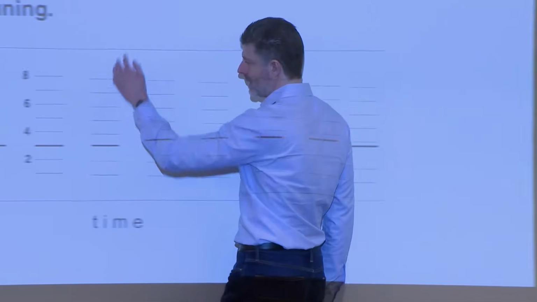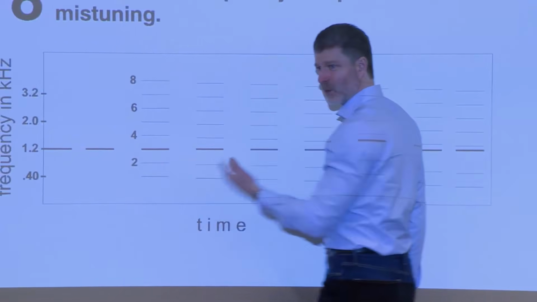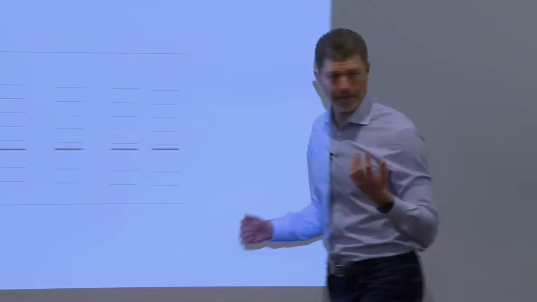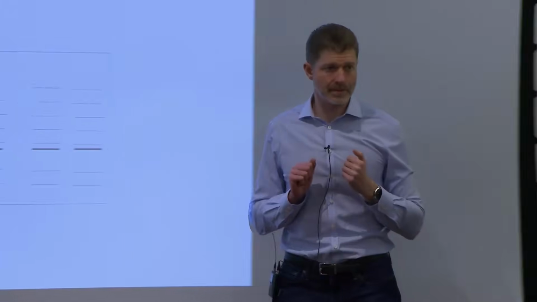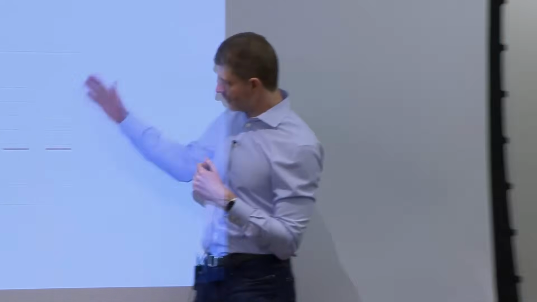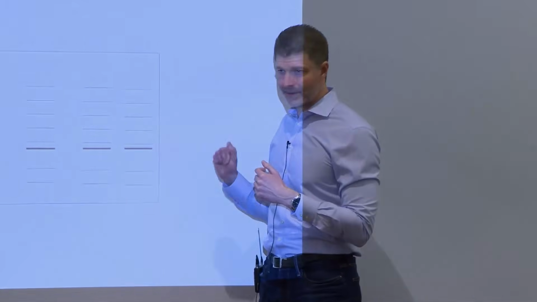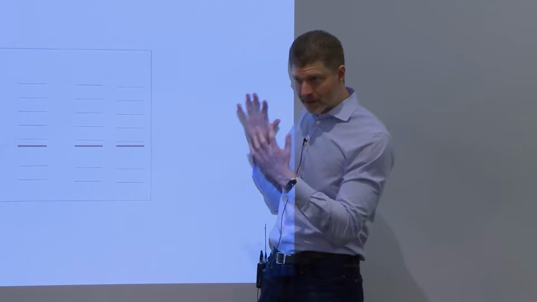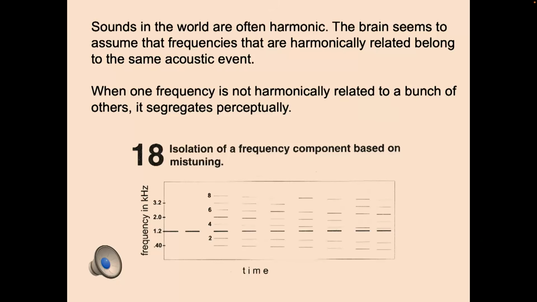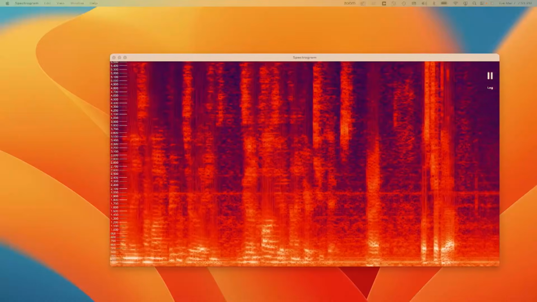At the beginning, this is going to sound like one tone, like one thing. But over time, you'll start to hear two tones. It's all just a bunch of frequencies, and they all start and stop at the same time. But the deviation from these harmonic frequency relations is going to cause you to hear two things. All right, let's check it out.